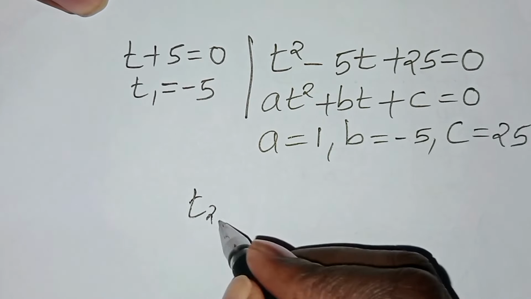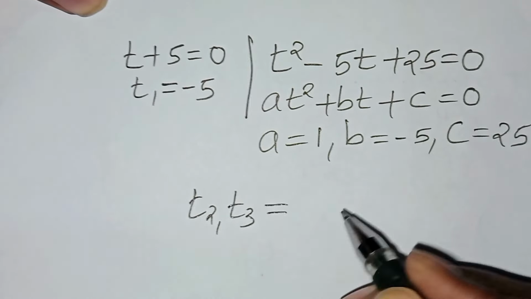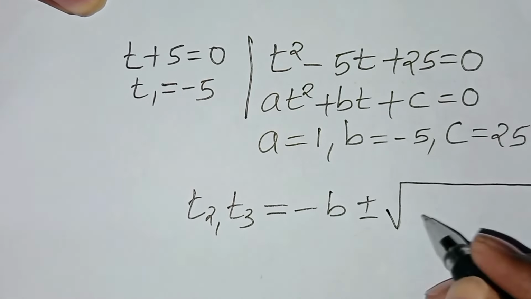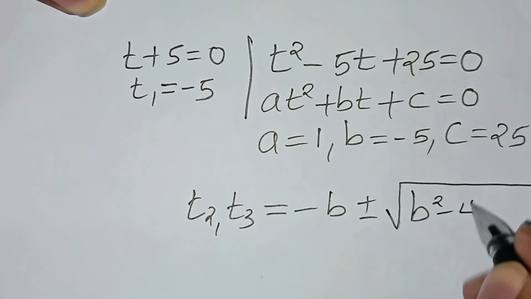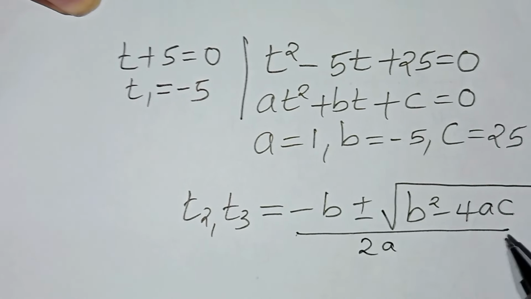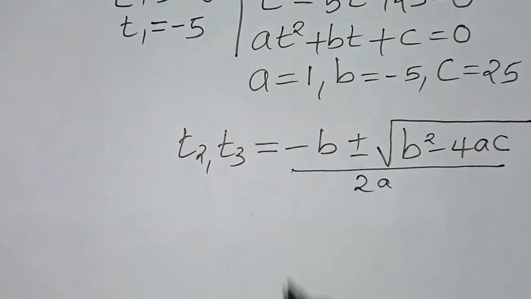That is t2, t3, that is minus b plus or minus the square root of b squared minus 4 times a times c, all this divided by 2 times a. So here, let's substitute.